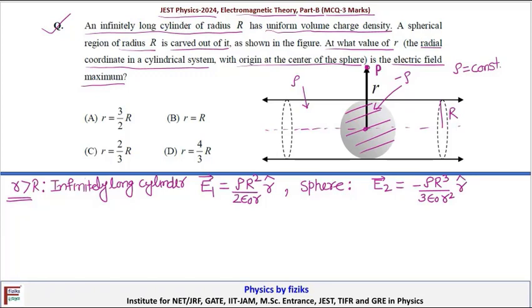So now the resultant field due to superposition is given by E is E1 plus E2. We have to take the vector sum.